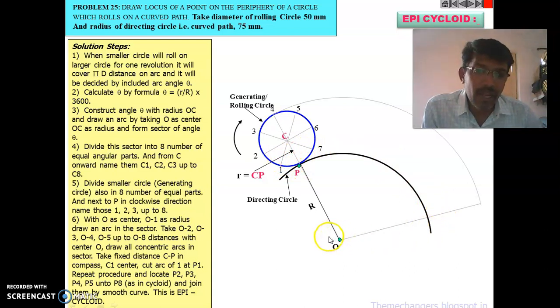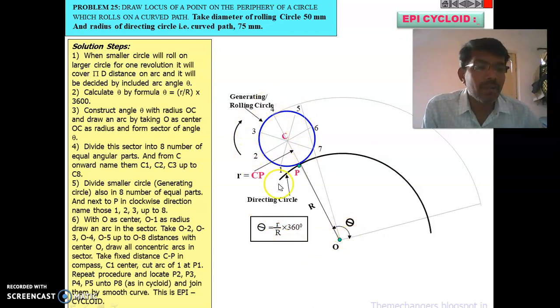Then by taking theta as 120 degrees, let's draw a line. This is small r by capital R into 360. Divide this 120 degrees into how many equal parts? 8 equal parts, as we have made 8 equal parts in the circle, so 120 divided by 8.